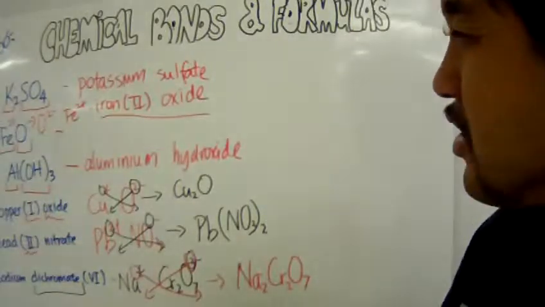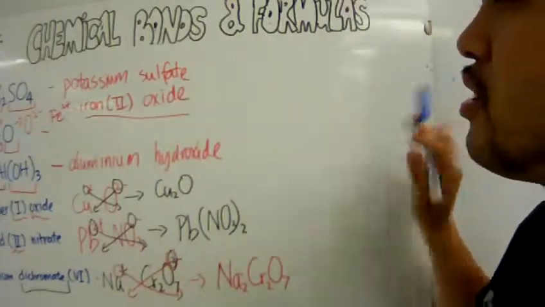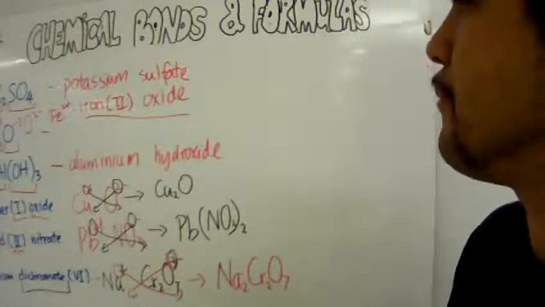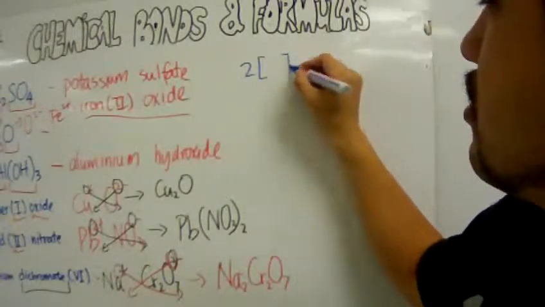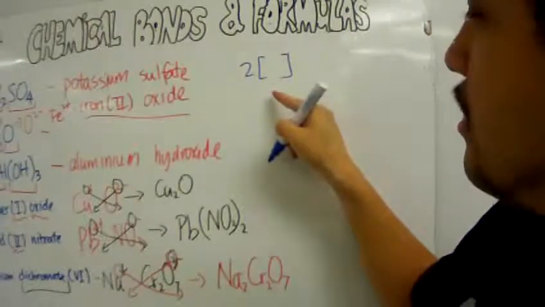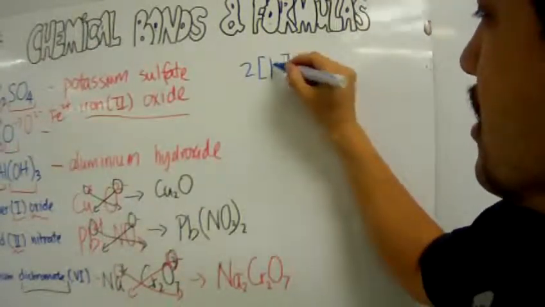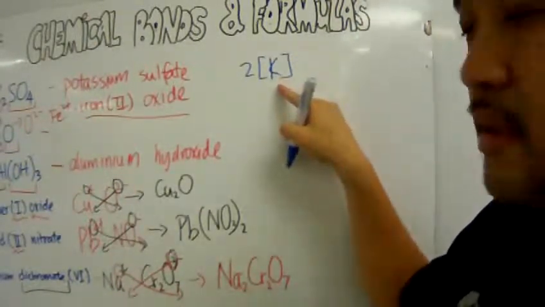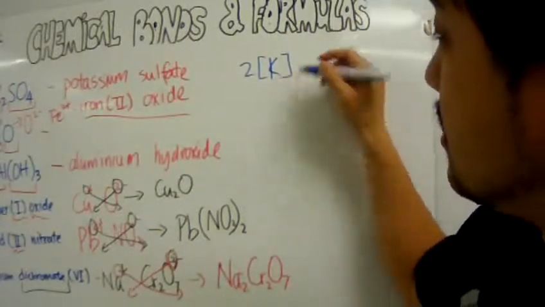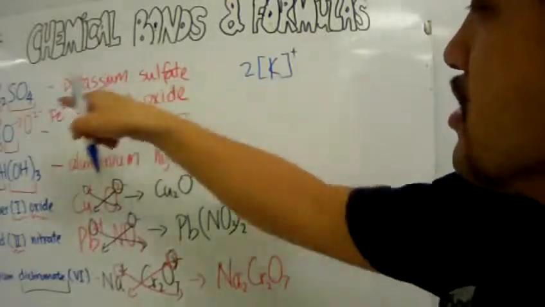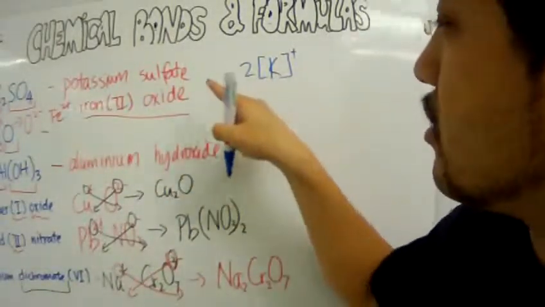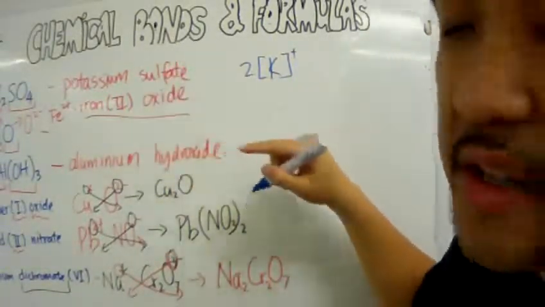Okay. Now let's talk about potassium sulfate. We know that there are 2 potassium ions, so we will represent the ions in square brackets, and the symbol in here like that, and because it's a +1 charge, we write 2 of them. And there's 2 potassium to balance off with 1 sulfate.